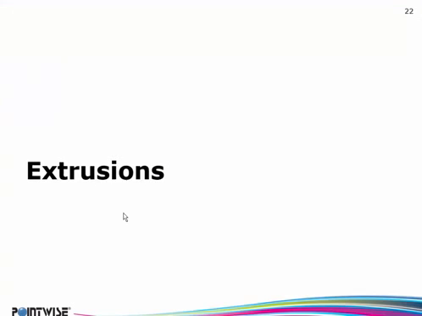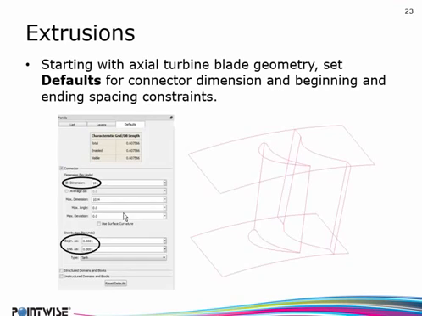Next thing I wanted to talk about is extrusions. This is going back to the geometry that we were working on in the first example case. In this particular case, I don't actually have a gap between the blade and the shroud, so this is a slightly different geometry, but essentially the same.